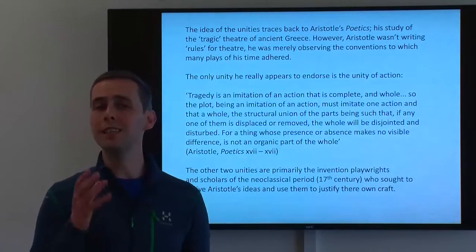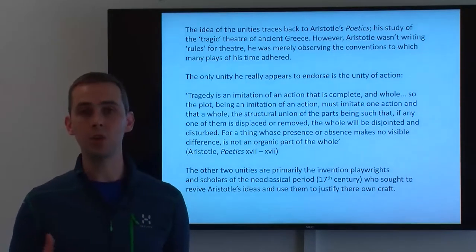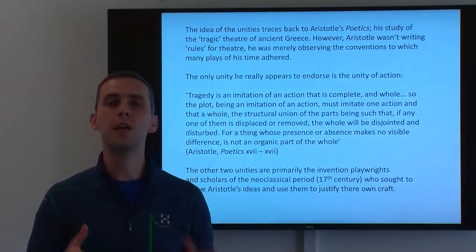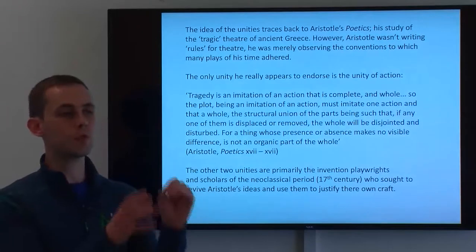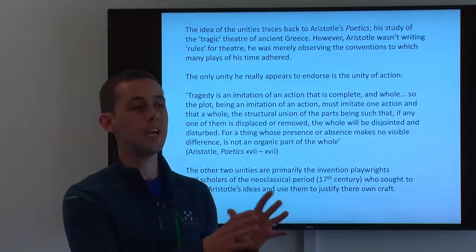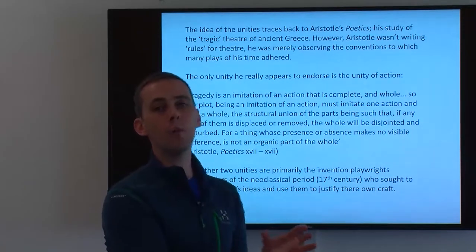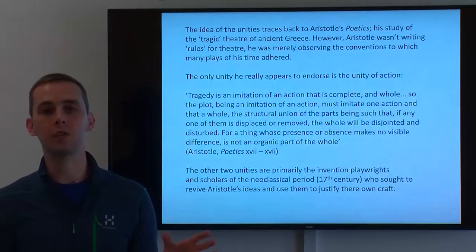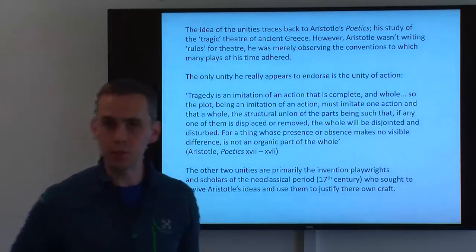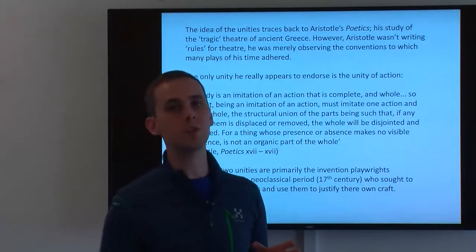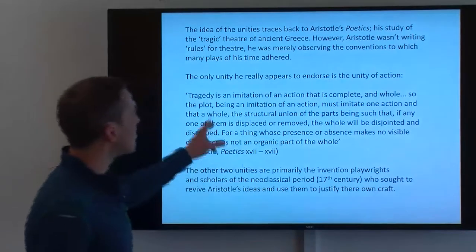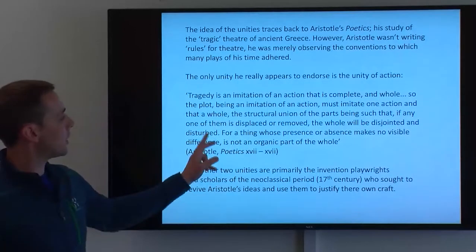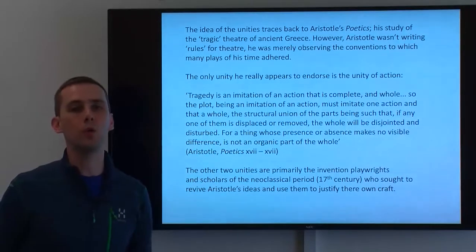And it's not only a conceit, it's an ideological assertion that this drama is imitating real life, that real life could be this way, or real life is this way, and the drama is offering an imitation of it. And therefore it needs to conform in some sense to these unities and this sense of a one driving plot in order to be a faithful imitation and an organic part of the whole.